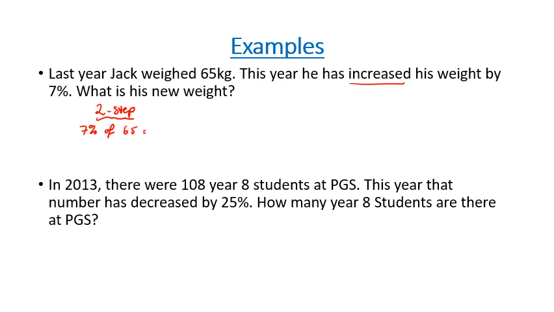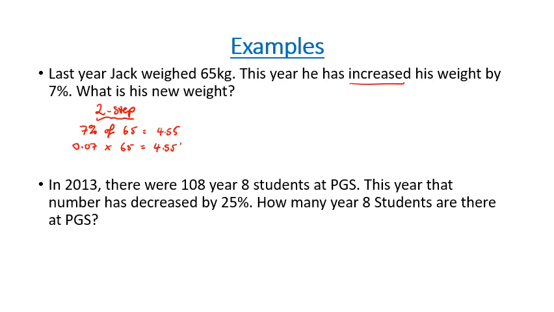So that becomes 0.07 times 65, and that would give us 4.55. Just to clarify how I worked that out, this becomes 0.07 multiplied by 65, which gives me 4.55.